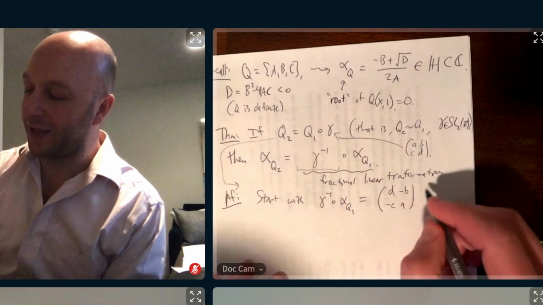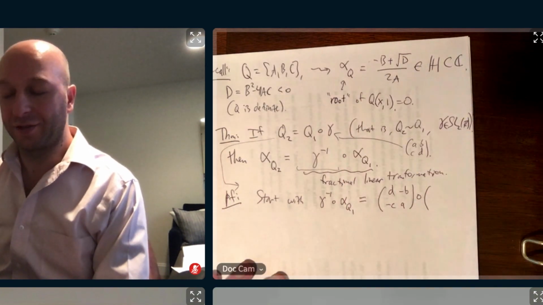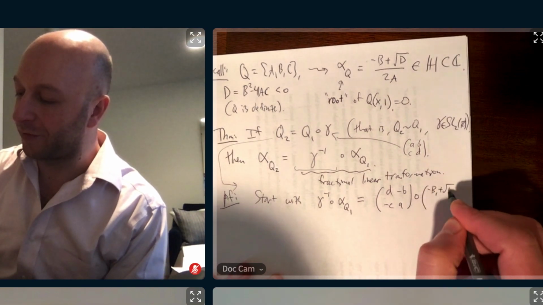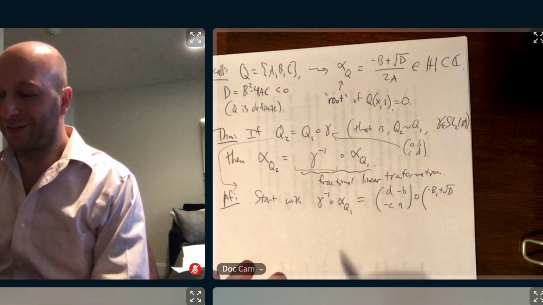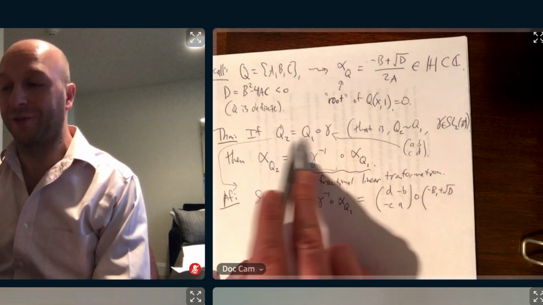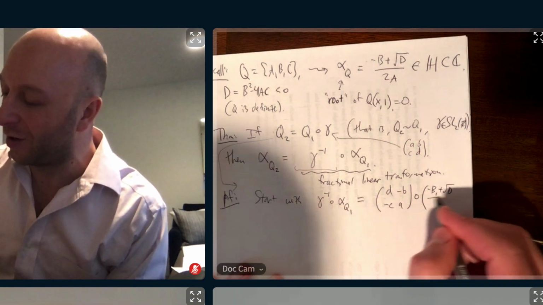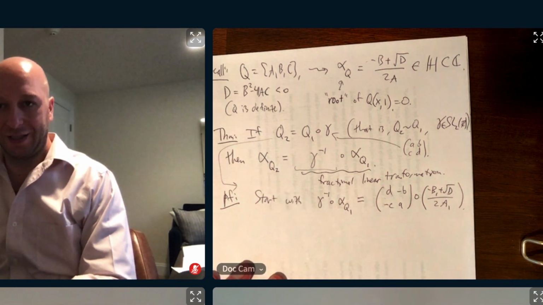So that's this acting on the complex number alpha of Q1, which is negative b1 plus square root of D1, but last time we proved that the discriminants of equivalent forms are equal, so I don't have to say which D, it's the same, over 2a1. Okay?